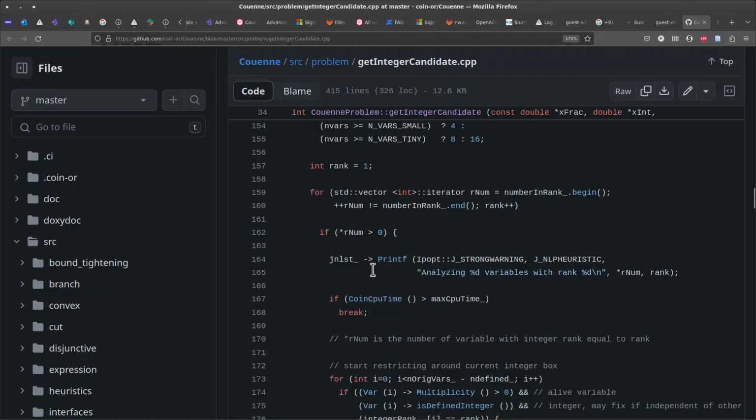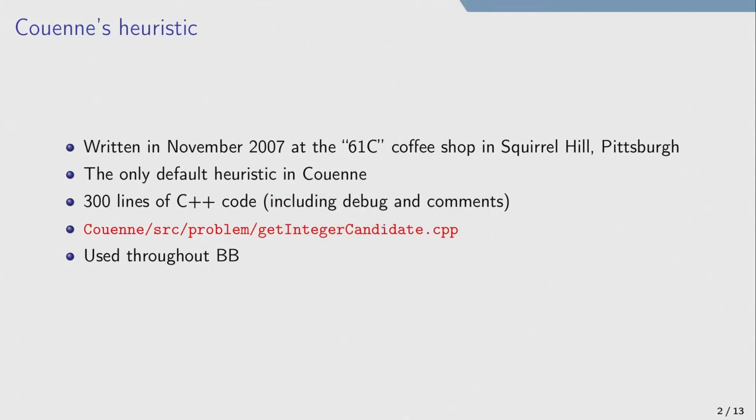This is obviously going to give you a solution that is far away from feasibility for both integrality constraints and nonlinear constraints. But it's quick and it's fast enough that it's used in basically every branch and bound node.